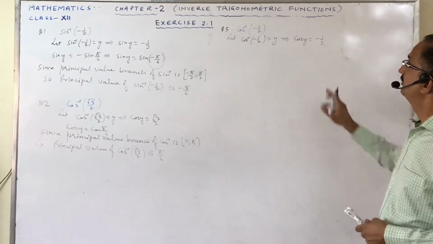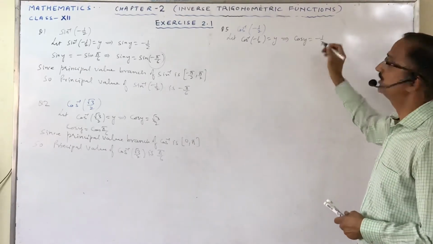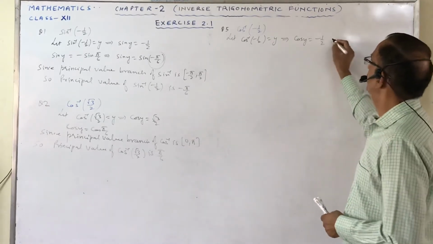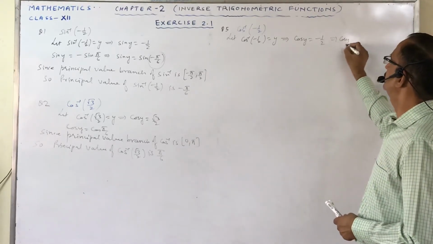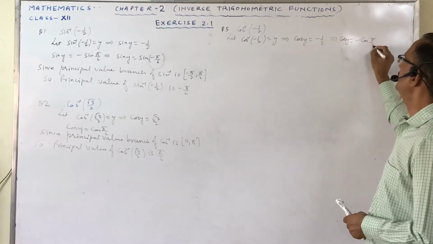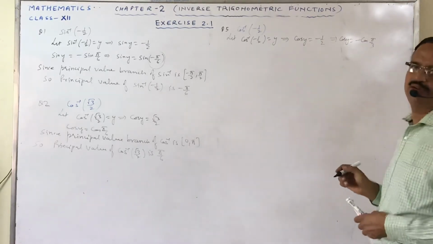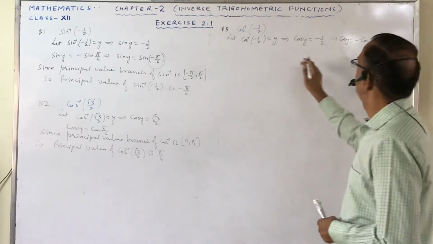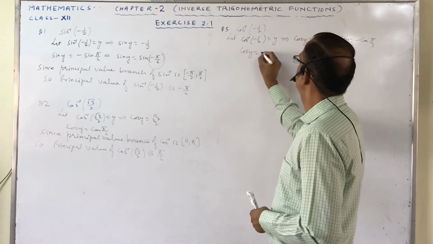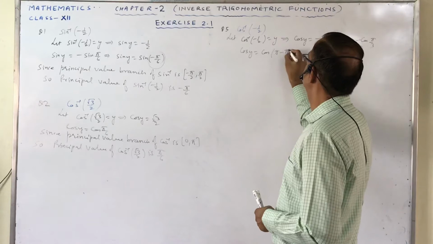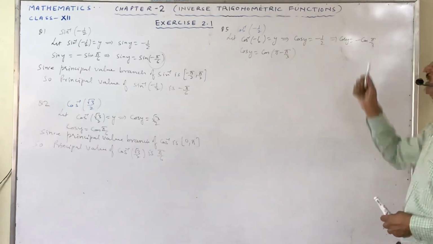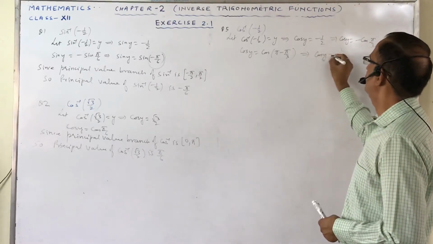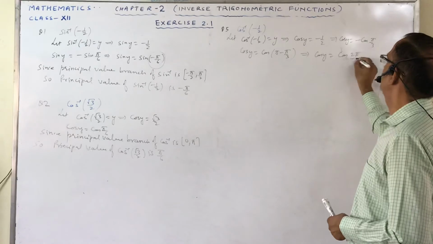But we can write this according to the principal value branch. So we can write this as cos y equals minus cos pi by 3, and minus cos pi by 3 means in which quadrant? In the second quadrant. So we will write this as cos y equals cos of pi minus pi by 3. Then only it becomes negative. So this implies that cos y is cos 2 pi by 3.